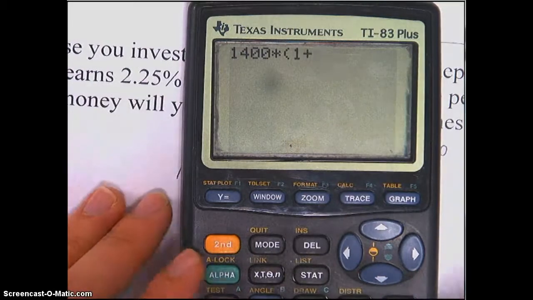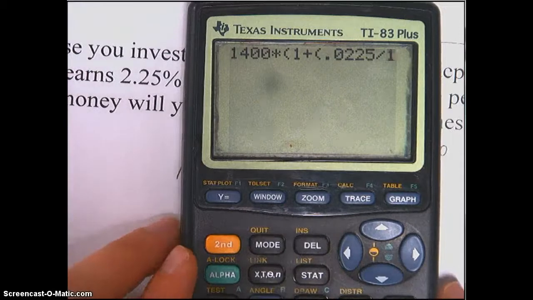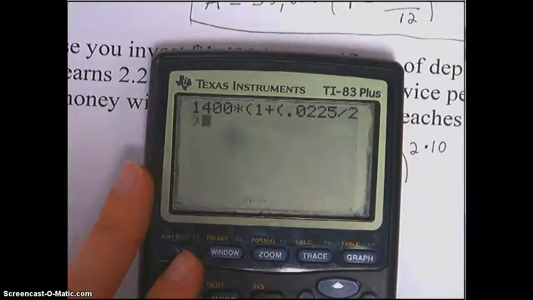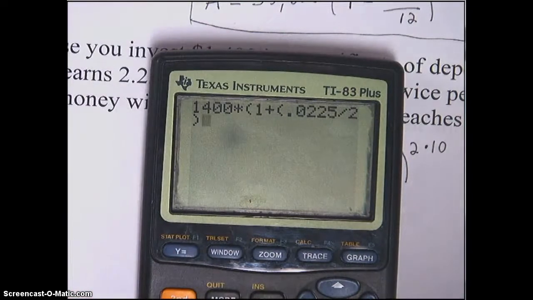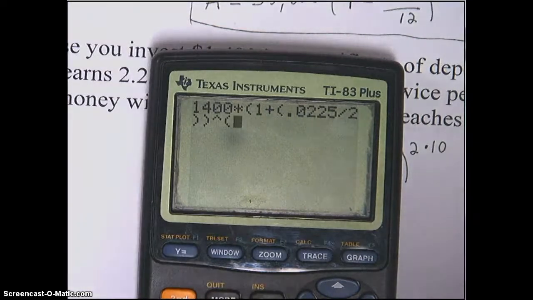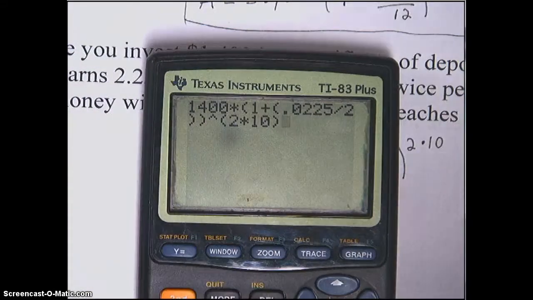So I'm going to do 1 plus 0.0225 divided by the number of times it's compounded per year, which was 2. See how I put everything after the 1 plus in parentheses, so I need to close the parentheses twice here. Now I need to raise this to the power of, and I always put my exponent in parentheses, so raise it to the power of 2 times 10, or you can just type 20 there, it's the same thing.